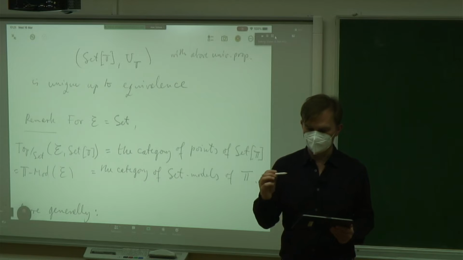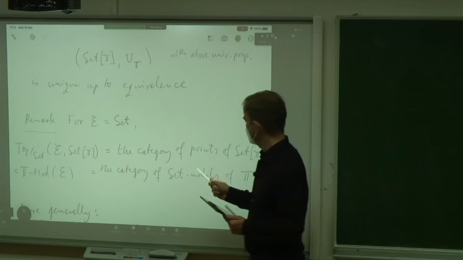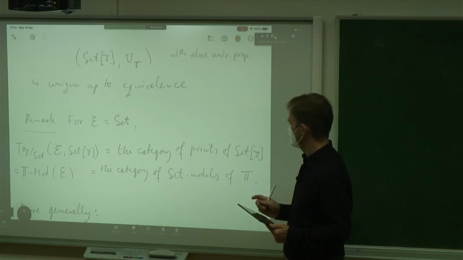So points are geometric morphisms from the category of sets. So this is exactly the category of points of this somehow space.